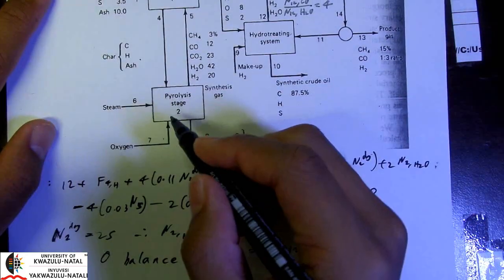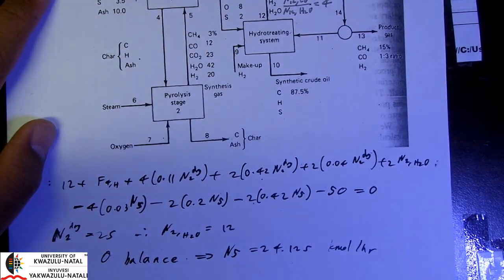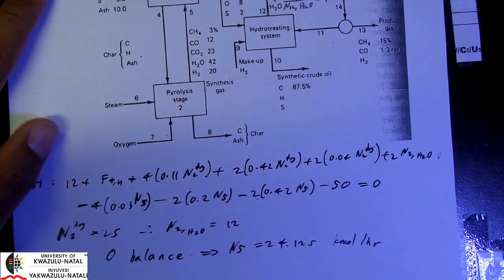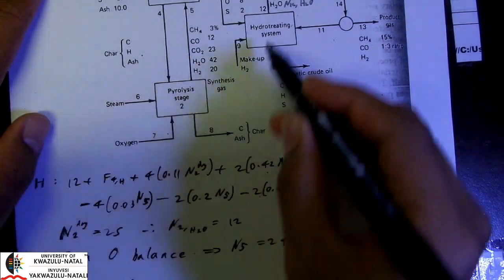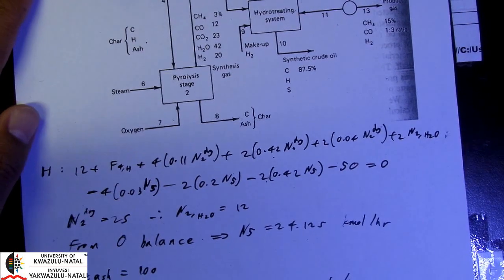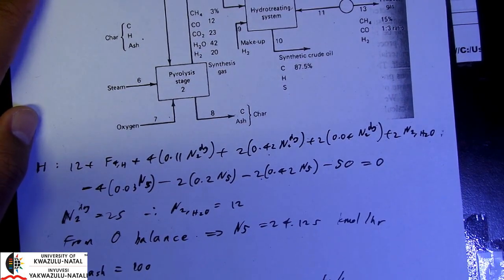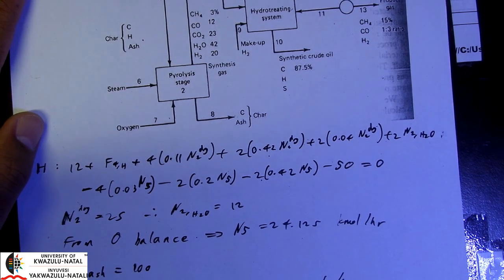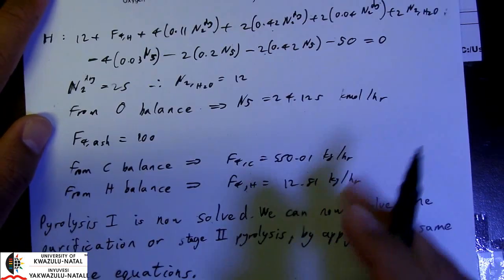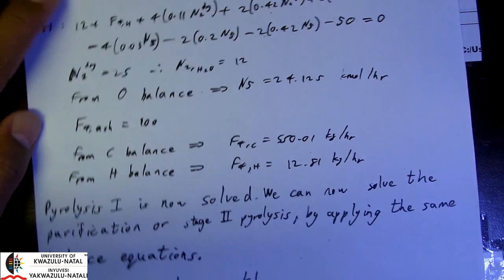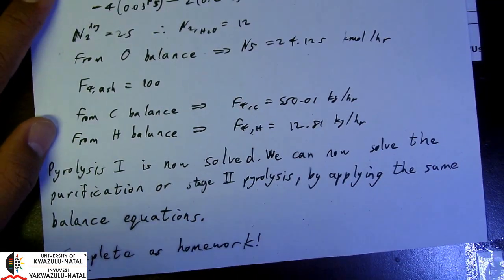However, for pyrolysis stage 2 and our hydrotreating, we may find that we will need to actually solve our balances simultaneously, in which case we can simply put it in a matrix and solve for all of our unknowns. Okay, and that will be the problem solved. Okay, so I encourage you to complete this as homework.